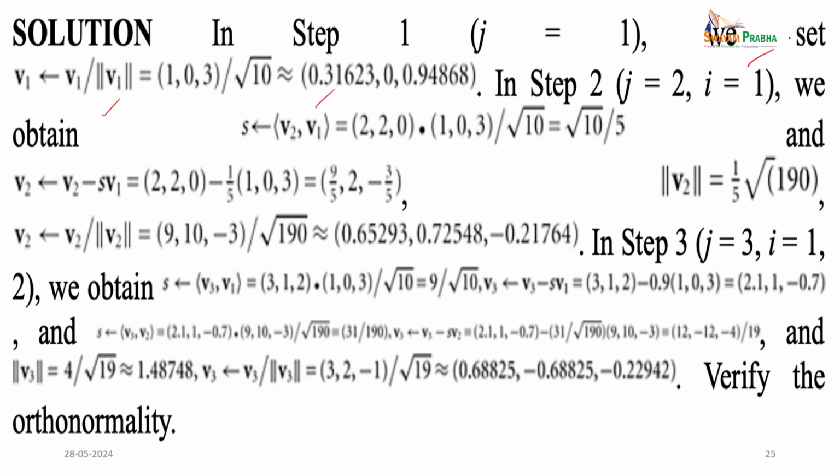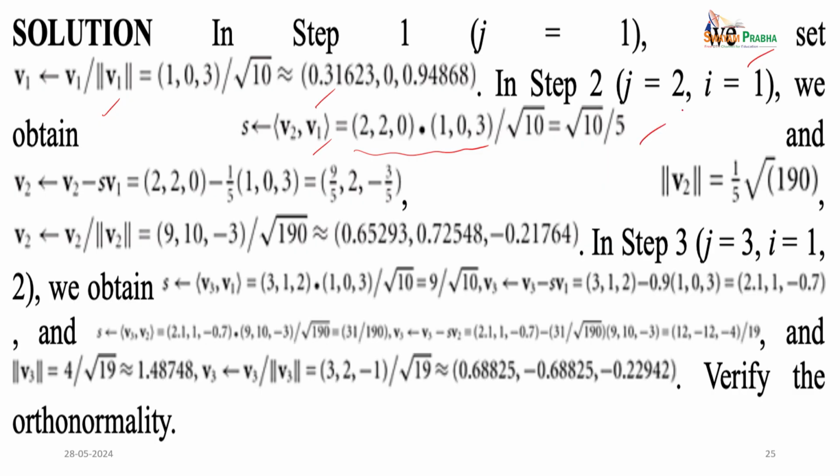Second step, j equal to 2 and i equal to 1. We have S maps to the inner product of V2 comma V1, where V2 is 2 2 0 and V1 is as given; taking the dot product, we have 2 into 1 is 2, 0 and 0, so 2 by root 10, which we can simplify to root 10 by 5.